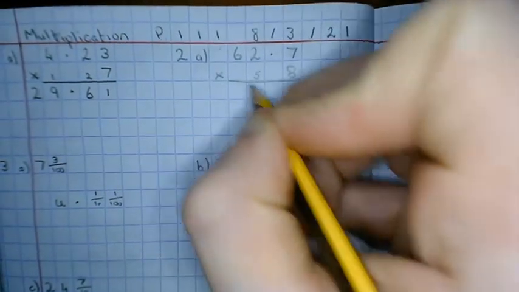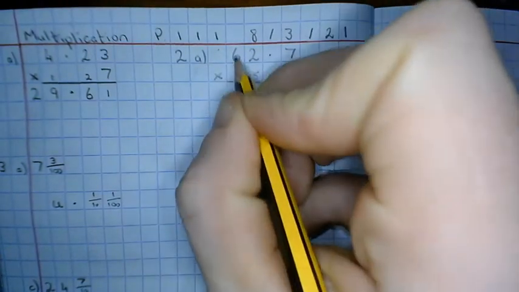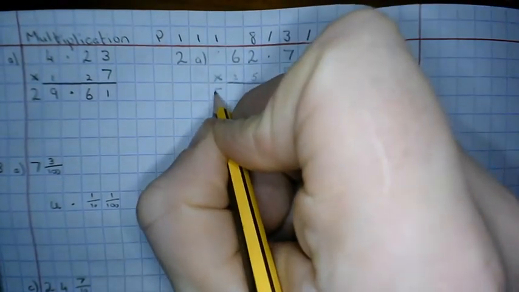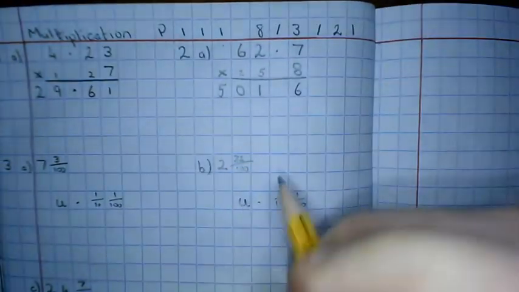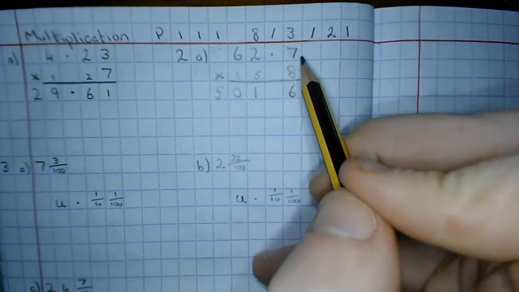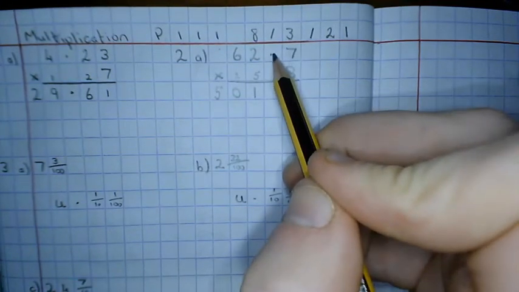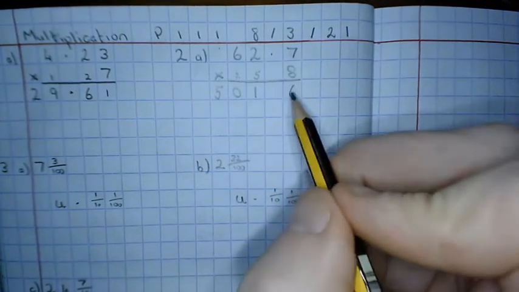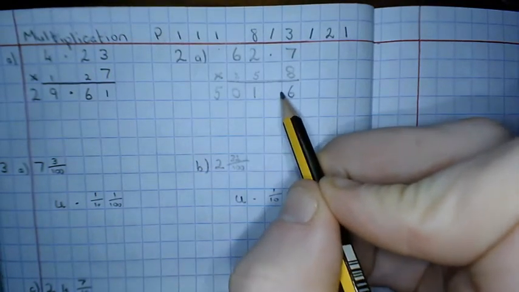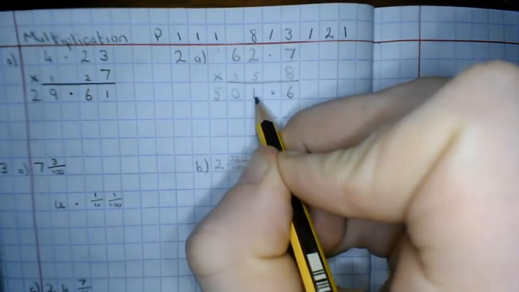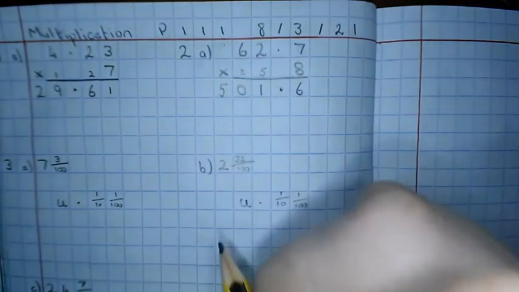So put down our 1, take over our 2, and then 6 multiplied by 8 equals 48, plus 2 equals 50. So then to figure out where our decimal point goes, we have to see how far in the decimal point is, so it's only in 1 space. So therefore in our answer we have to put it in 1 space as well. So the answer would be 501.6.